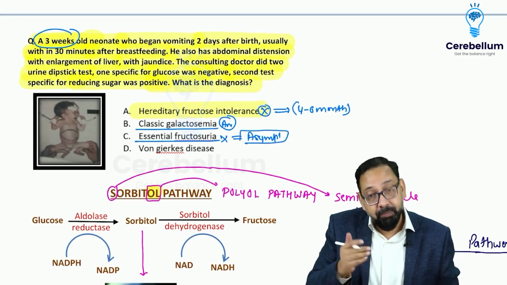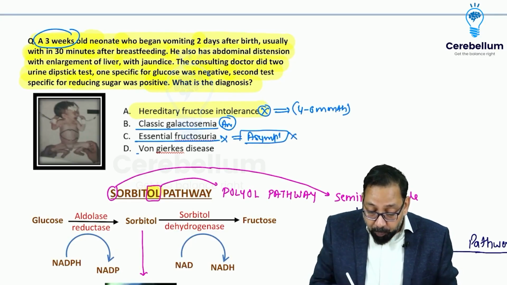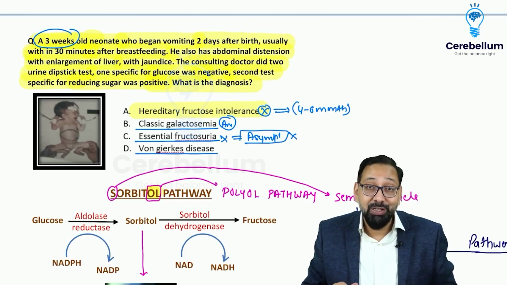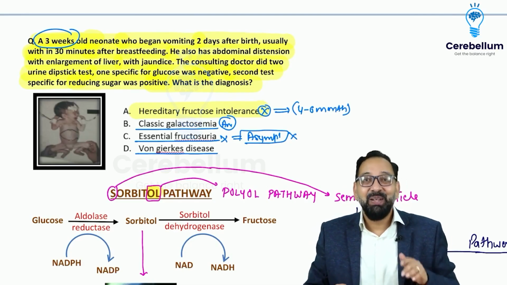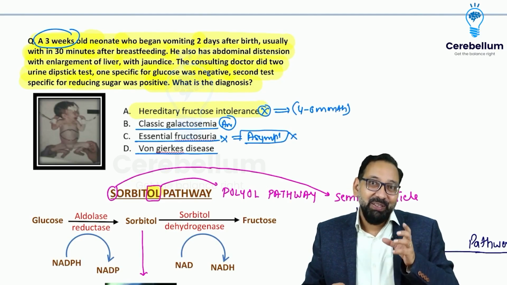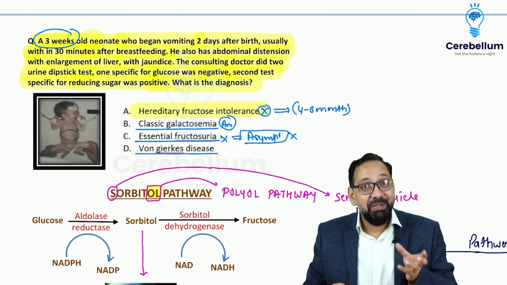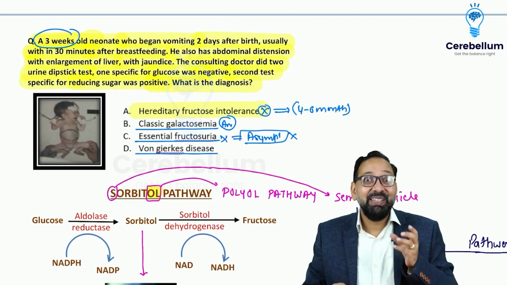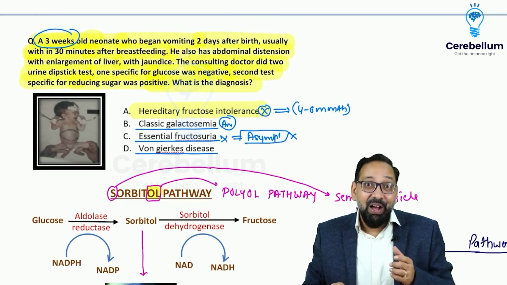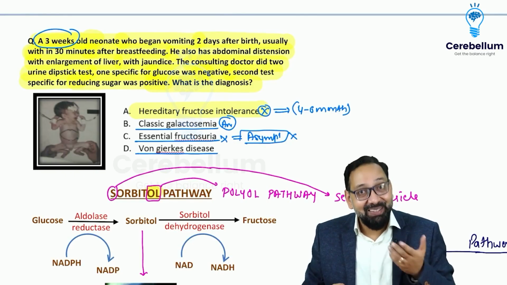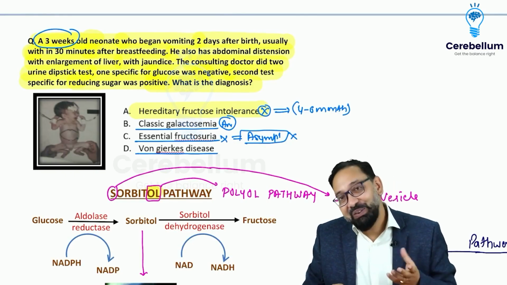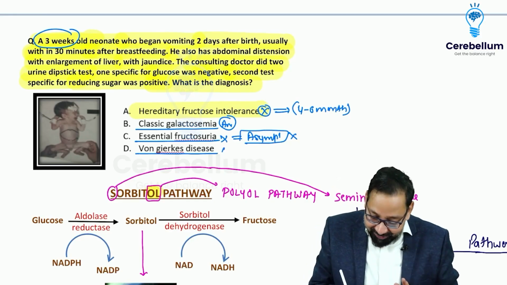This patient has symptoms. Von Gierke's disease, type 1 glycogen storage disease, you know the presentation: hepatomegaly, severe fasting hypoglycemia, renomegaly, lactic acidosis, hyperuricemia, increased triglyceride, increased cholesterol. So it's not von Gierke's disease.